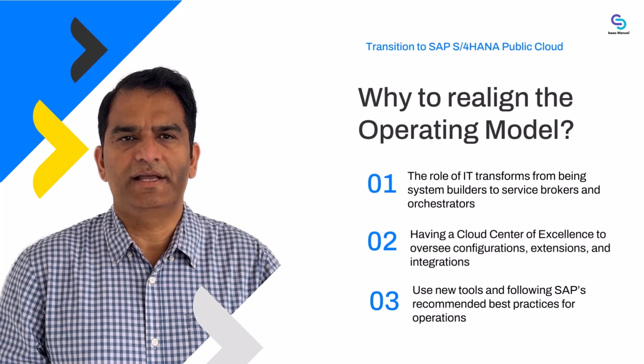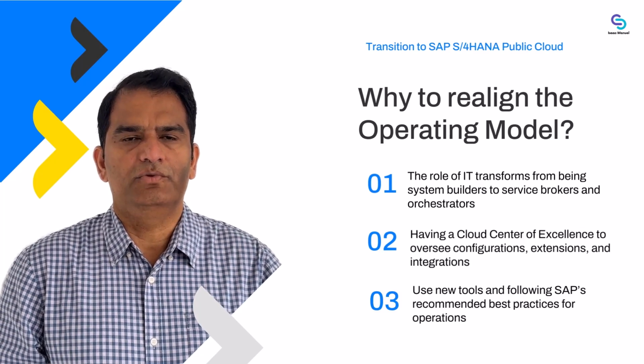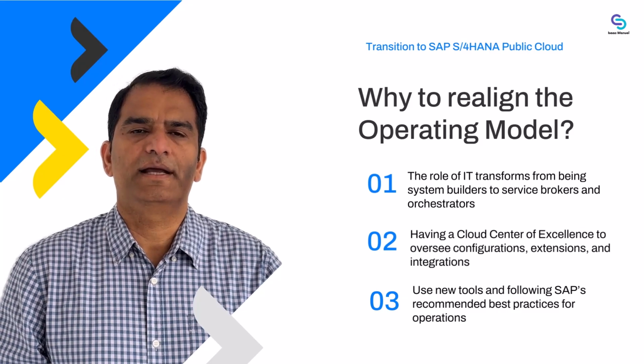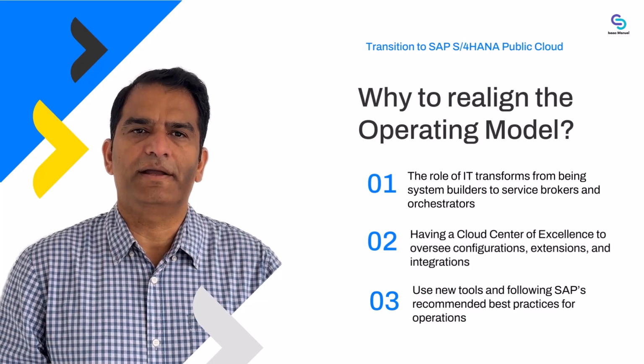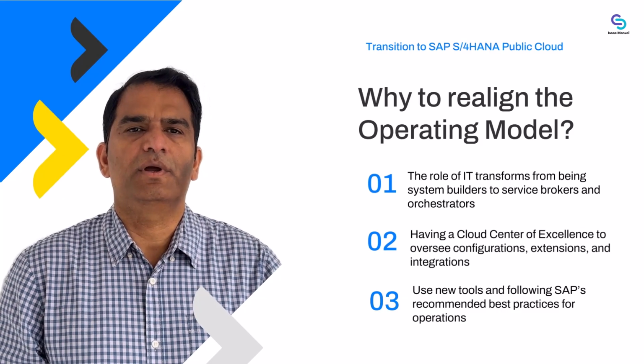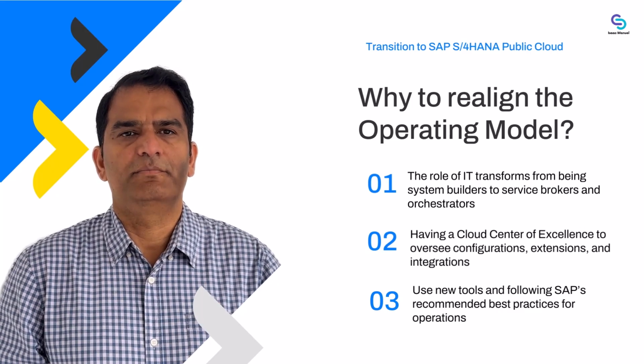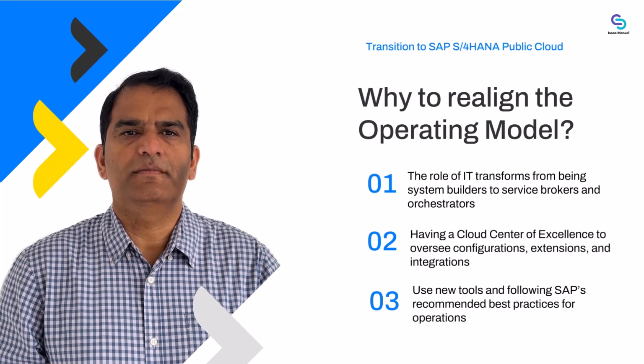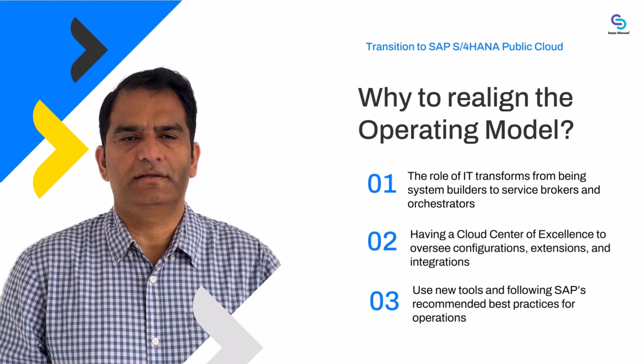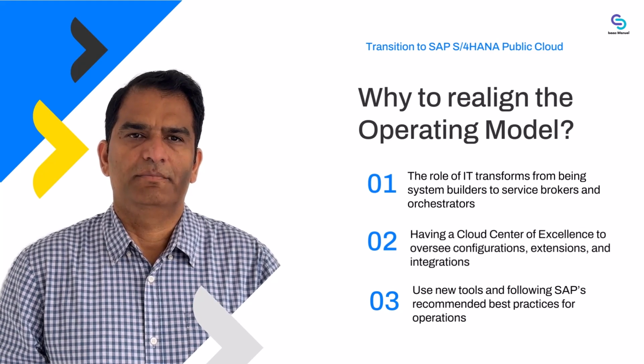It's also worth highlighting that SAP provides tools like SAP Cloud ALM, Application Lifecycle Management, specifically for cloud customers to manage implementations and operations, monitoring, and incident handling of the S/4HANA Cloud environment.